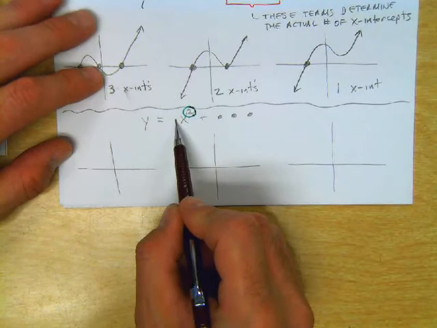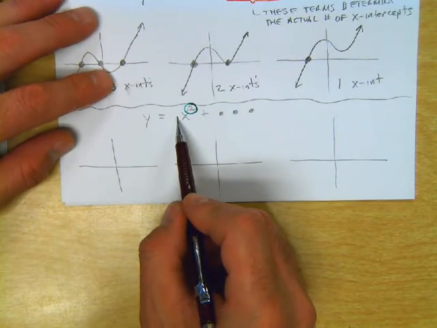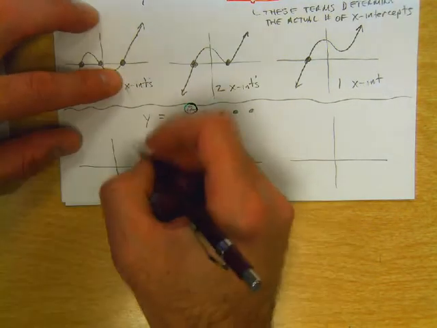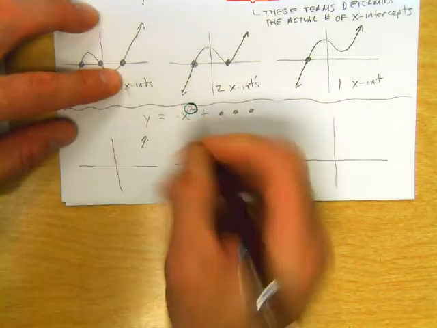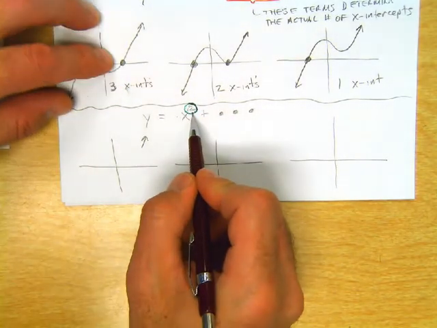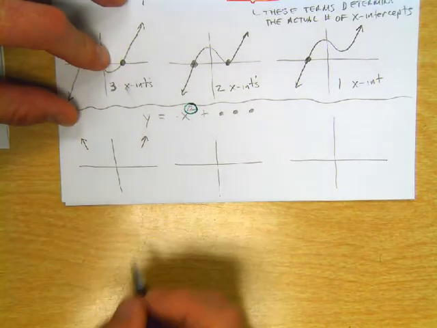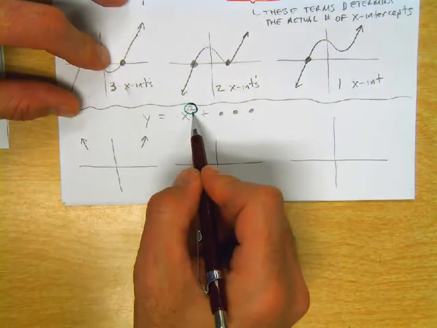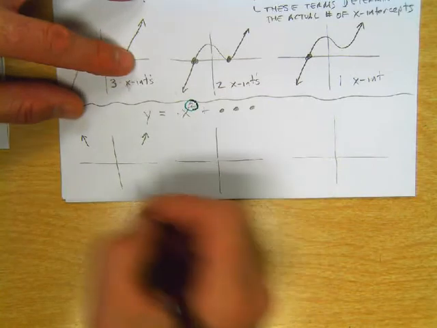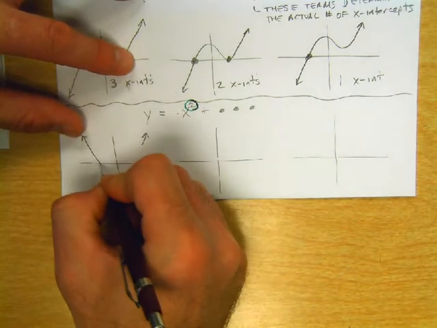The degree is even, so the left hand is up. The max possible intercepts is 2. So it could look like that, depending on what the rest of the terms are.